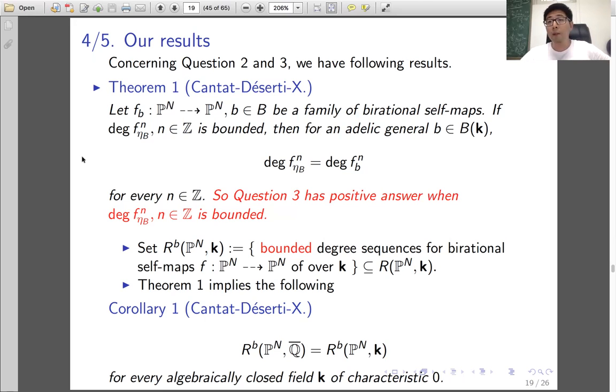So it means that if you have any degree sequence over some algebraically closed field of characteristic zero, for example over C, if this degree sequence is bounded, then you can find another rational self-map over Q̄, which has the same degree sequence.